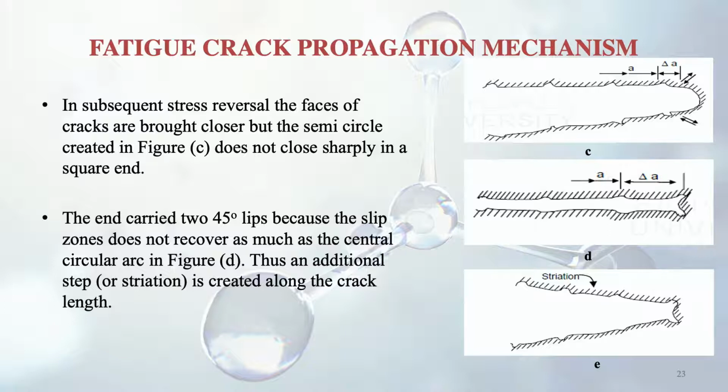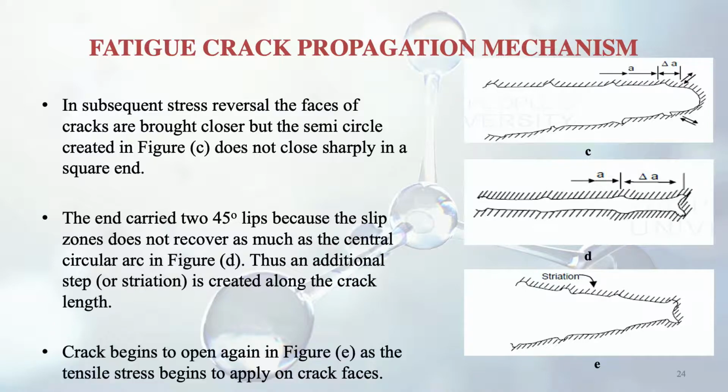You can see in figure D there is an additional step given by delta A. And the crack begins to open again in figure E, as the tensile stress begins to apply on the crack faces again. If we are applying it again, then the crack again begins to become larger, the tip tends to become larger.